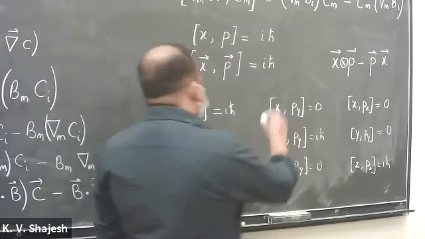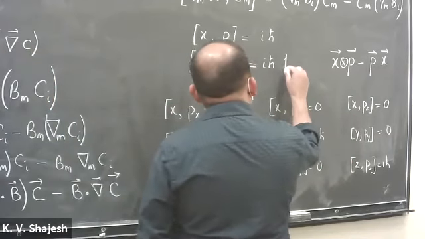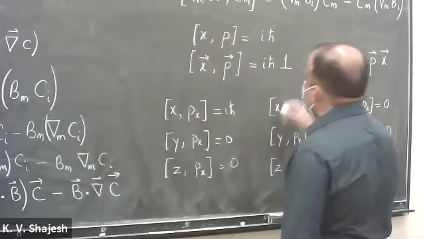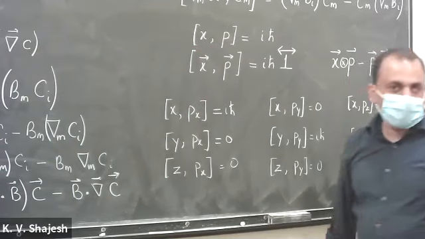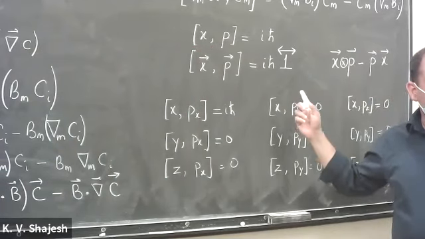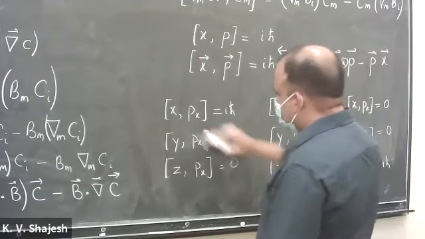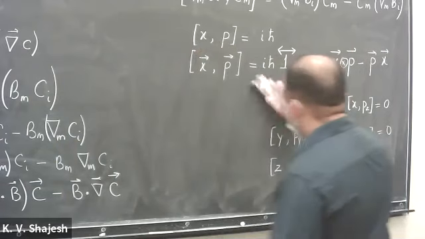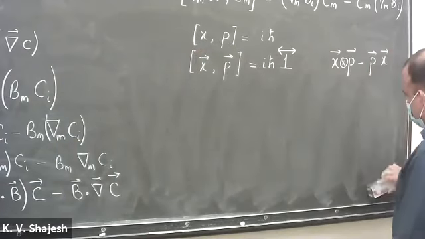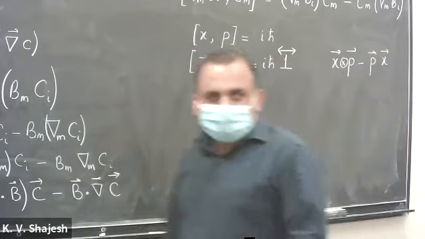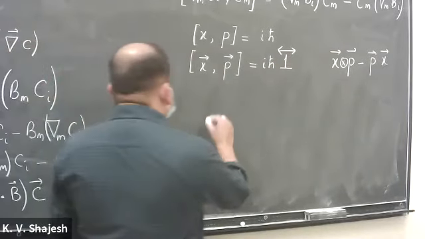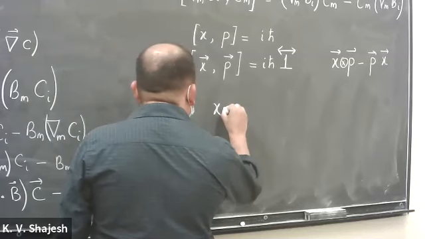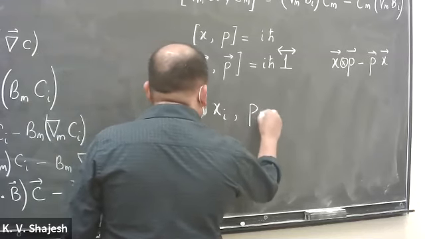The identity matrix, right? So now this is a new symbol. I would like to write this as I, but often you will write it like this. It's an identity matrix. Or if you wanted to write it in index notation, the best is index notation. When you're learning, index notation is the most unambiguous. So you would write this as [x_i, p_j].